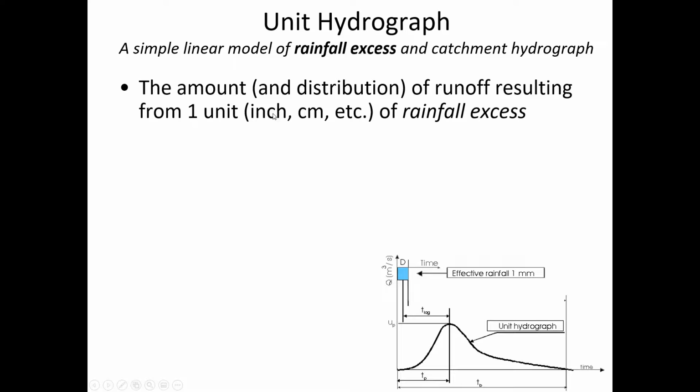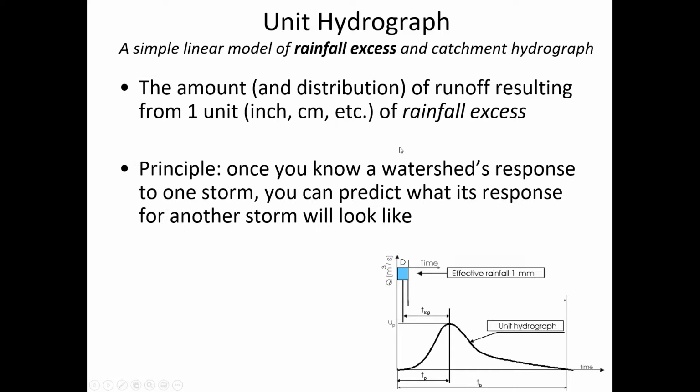And it doesn't matter if it's 1 inch, a centimeter, a millimeter, it's just a certain known amount of rainfall excess. And once you know the response of the watershed to 1 inch that falls during a 1-hour period, then you can translate that understanding of the relationship between rainfall and runoff to other time periods and to different amounts of rainfall excess.